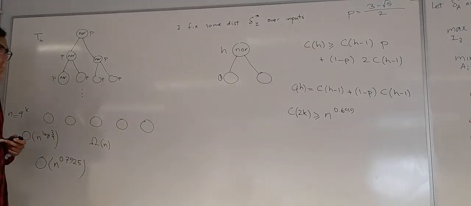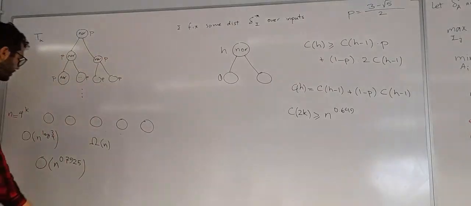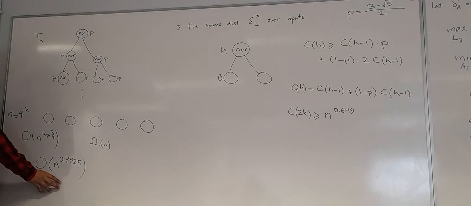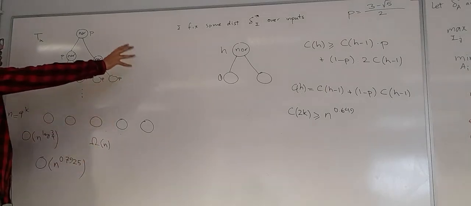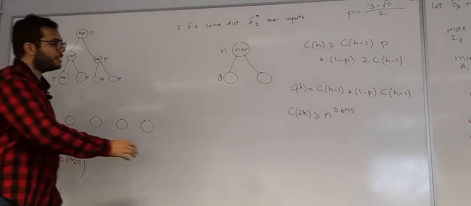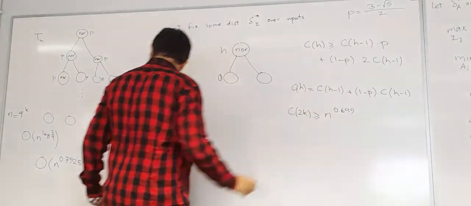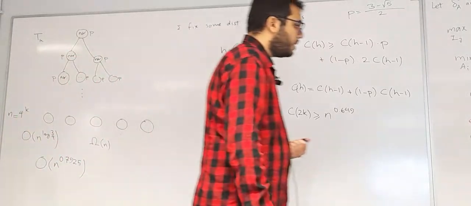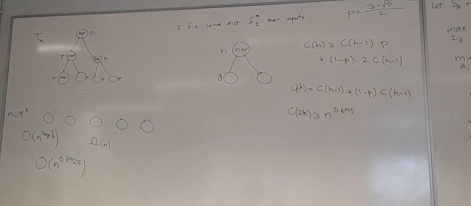So I know that I can't do better than this, but the algorithm that I have is actually taking more time. Now, I'm not going to do a more involved analysis here, but this is actually optimal. So if you just choose your distribution in a way that is much smarter than this, then you can get a better bound here, and you can actually match this one. Okay? But anyway, this is how you find bounds on the expected runtime of the best possible randomized algorithm.